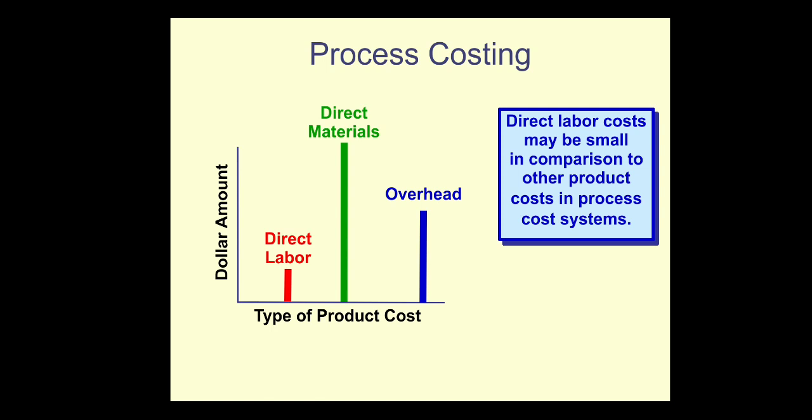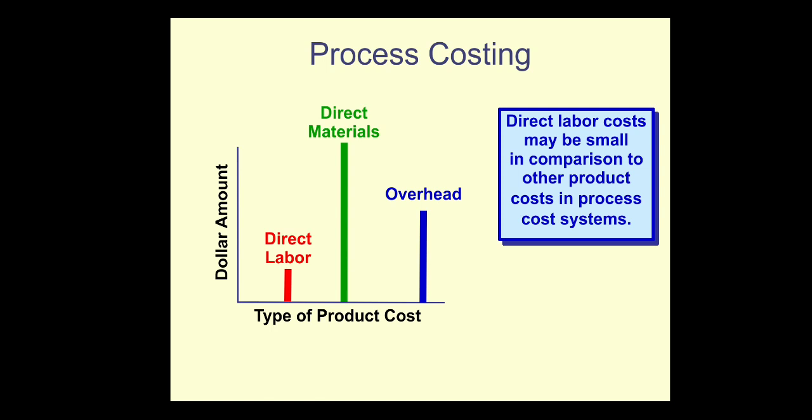Okay, one thing that you have to know, see the blue box there: direct labor cost may be small in comparison to other product costs in a process costing system. Most of the time, when a business produces a product like a soft drink, the biggest cost is the direct material cost.